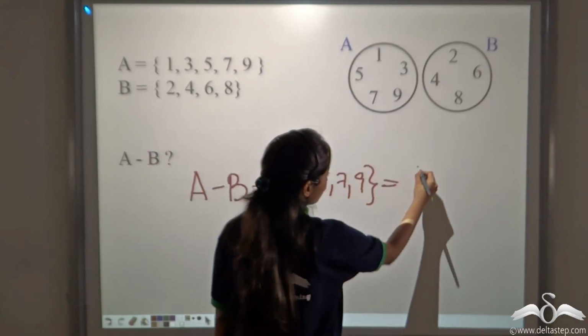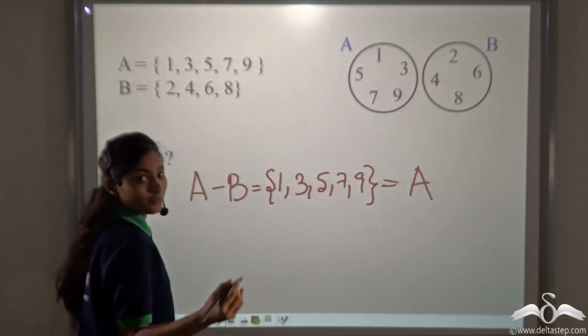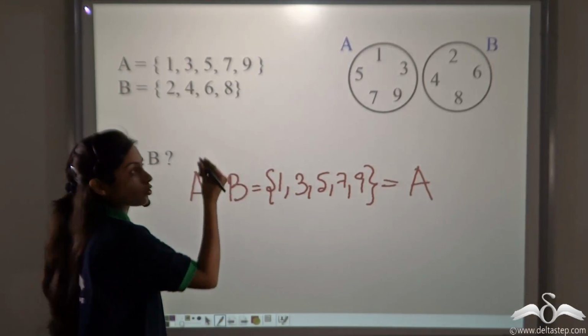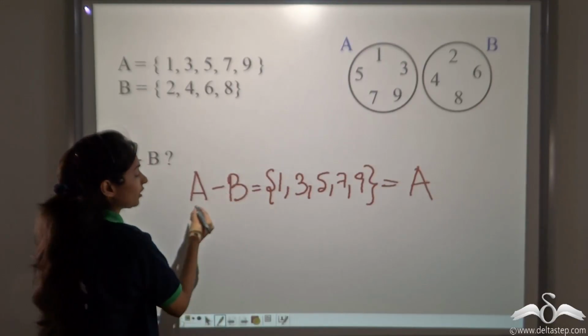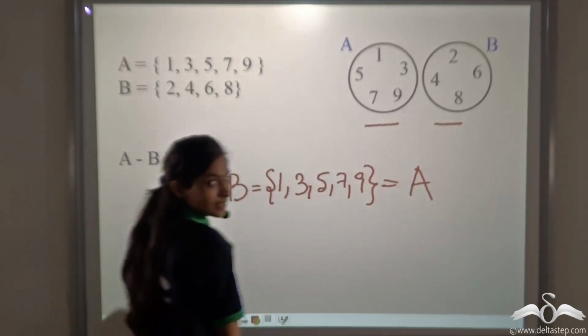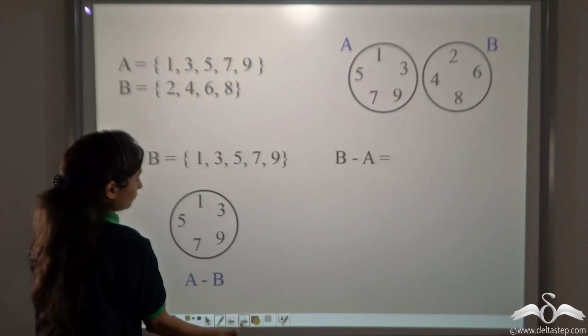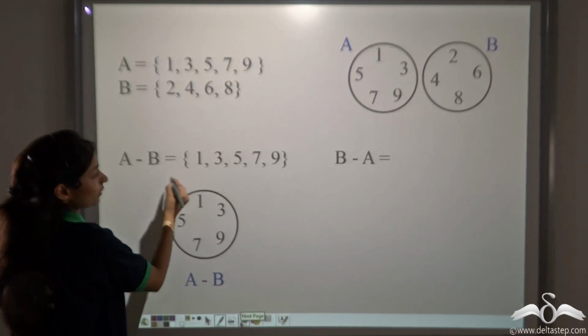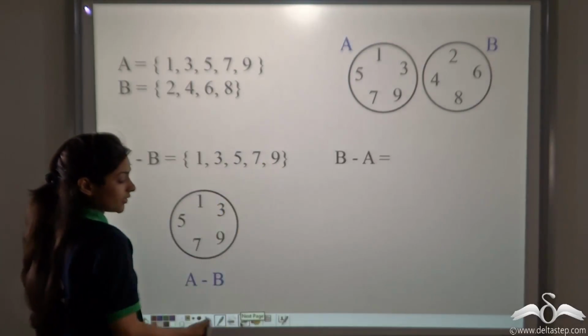You can say this is equal to set A itself, as we do not have any element that belongs to both B and A. So we have written the elements of A because these are disjoint sets. So you can see we got A minus B as 1, 3, 5, 7 and 9.